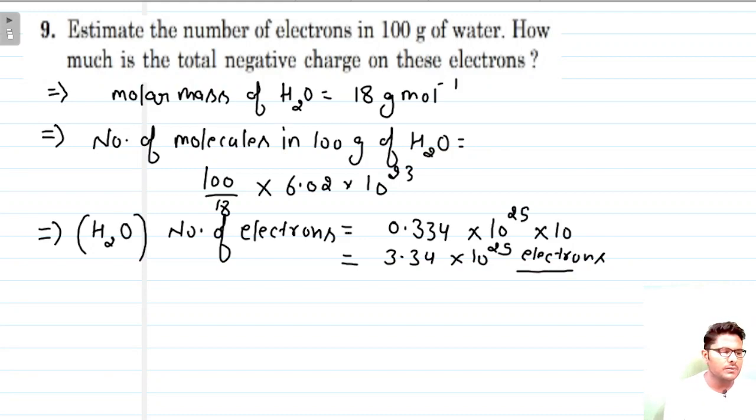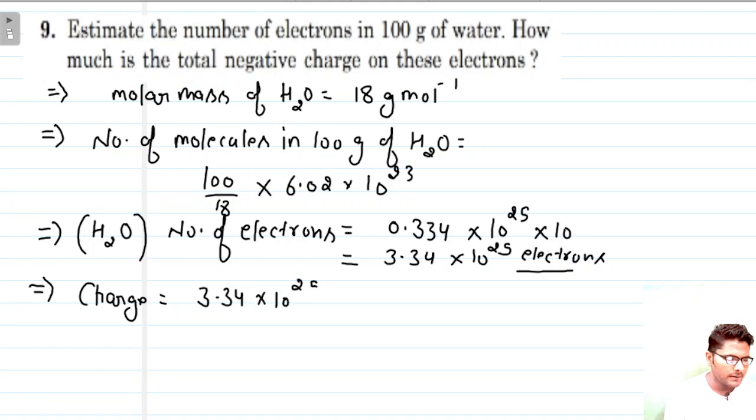And how much is the total negative charge on these electrons? So the total charge will be, as you all know, the charge on an electron is 1.6 into 10 raised to power minus 19 coulombs. So this many electrons will contain this much charge.